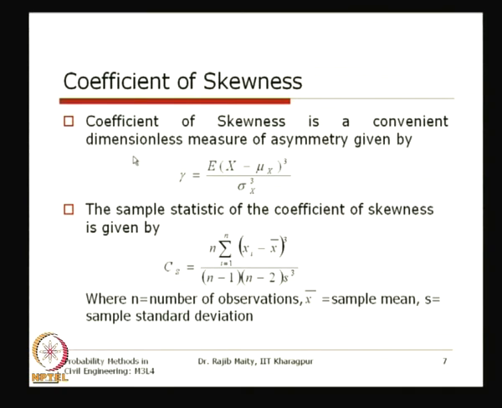Now, up to this second moment, what we have seen is that it can be viewed as a power of this random variable when we take the moment with respect to the mean and square it. Obviously that quantity has the same unit that the random variable has.